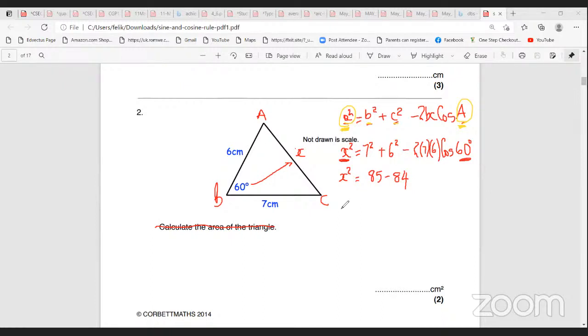It's not right, though, Marlon. 2 times 7 times 6. Oh, you don't put in the cos part as yet. Work out the entire thing and give me. So 84 cos 60 is what?